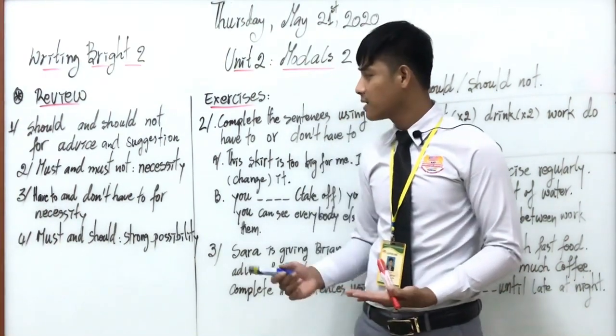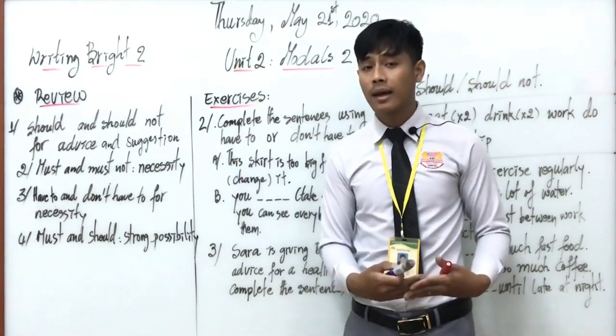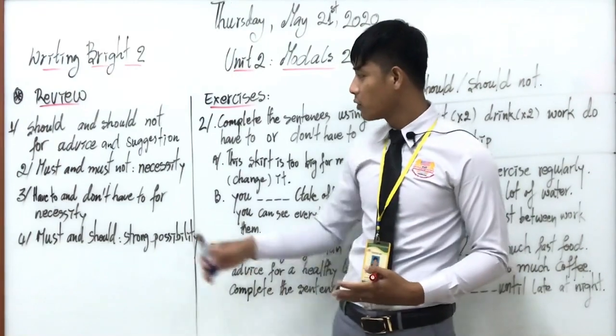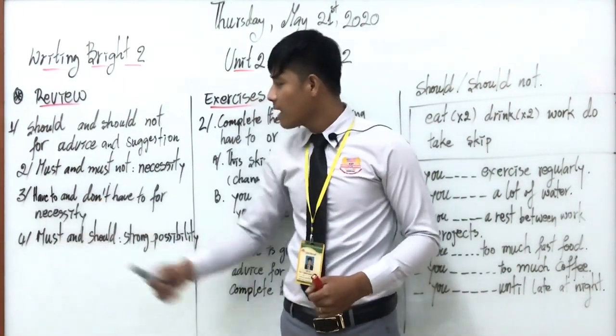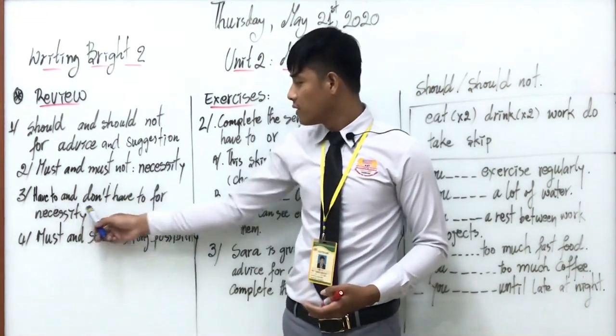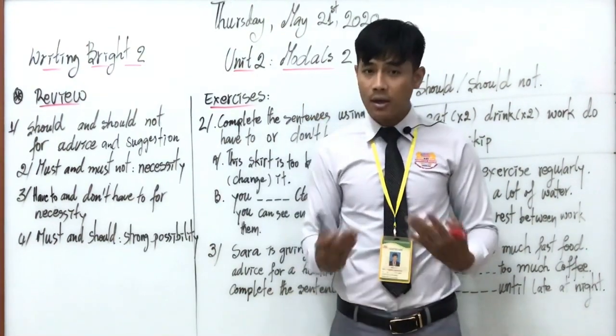And how about must? We use must and must not for necessity. Okay, necessity. Something is important for you. Number 3, have to. How do we use have to? We use have to for necessity also.